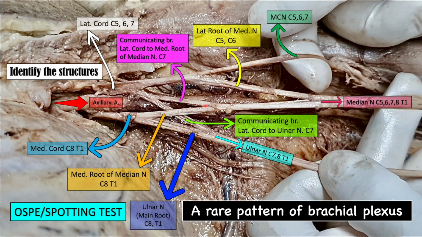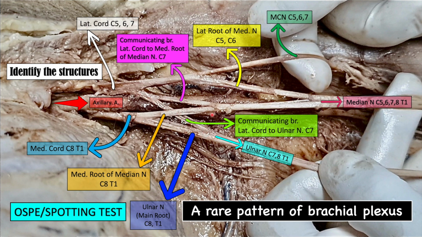So one special thing that you find out here, what special thing? Why can't we say that this portion of the median nerve is the same as the ulnar nerve? Look here, the ulnar nerve is getting two roots, one from the medial cord and one from the lateral cord.